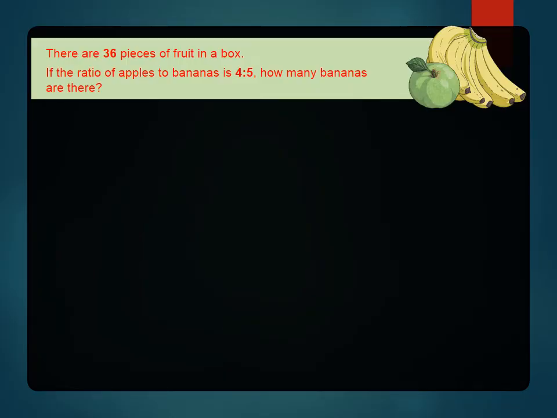Now we have the last example. There are 36 pieces of fruit in a box. If the ratio of apples to bananas is 4:5, how many bananas are there? How will we find the number of bananas?